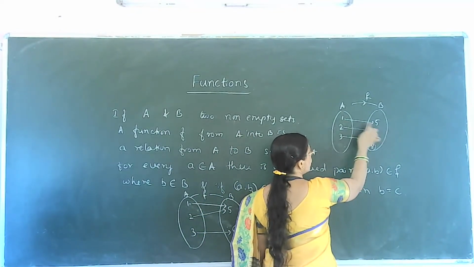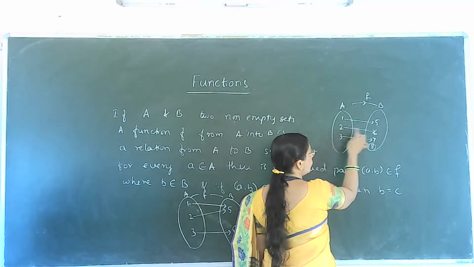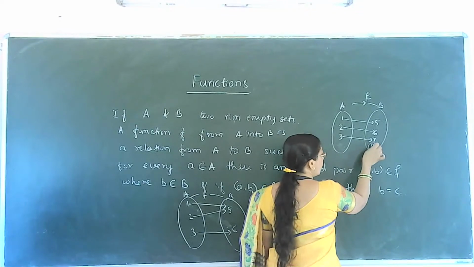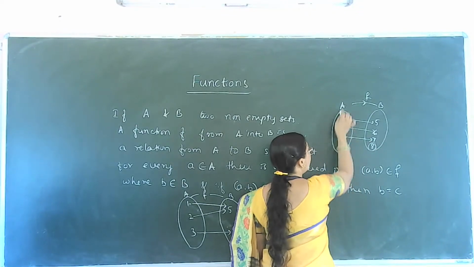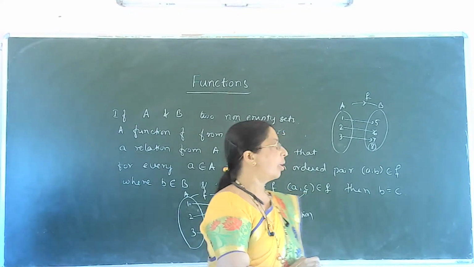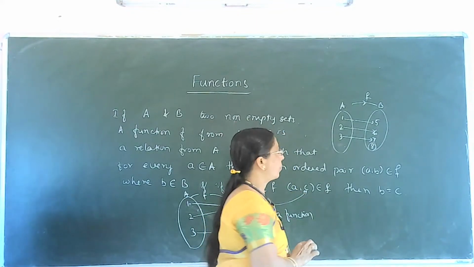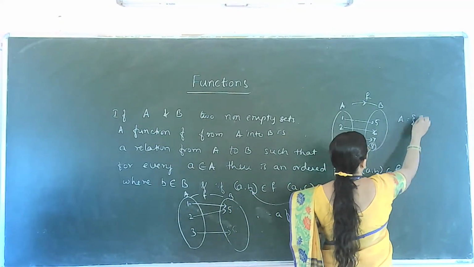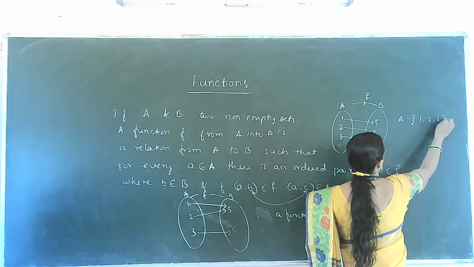The image of 1 is 5, image of 2 is 6, image of 3 is 7. 8 is not an image, but every element of A has an image. Therefore, it's a function.